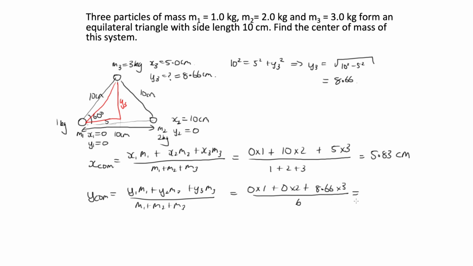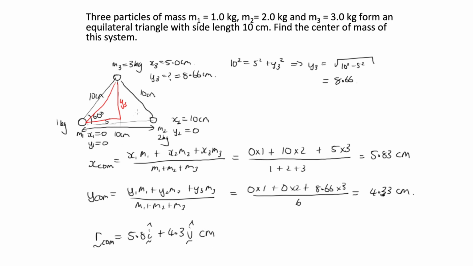So solving this on the calculator, we get 4.33 centimeters. Okay, so if we want to give the center of mass, one way to write it is in unit vector notation. So we can say the location of the center of mass is 5.8 i, where i is along the x-axis, plus 4.3 j centimeters.